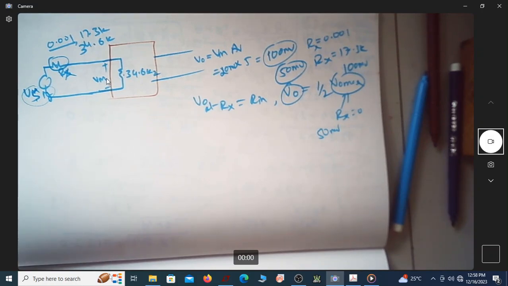Why the input has become half is because this is equal to the input impedance of this. Now we know that this is 34.6, that's why we kept it at 34.6. In a typical case, we will not know this resistance, so we sweep it. For whatever value of resistance the output voltage becomes half of the maximum, that is the input impedance.